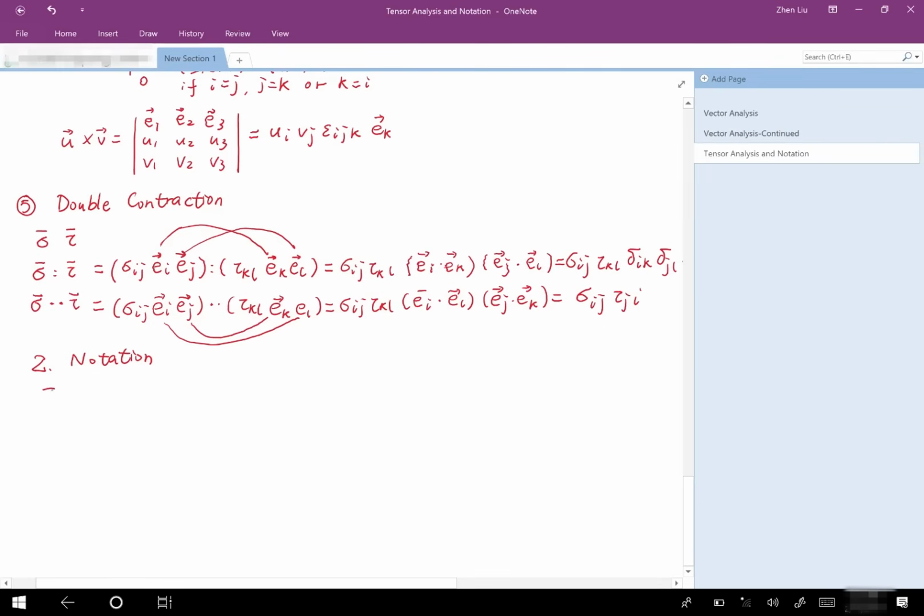So two types of notation. Tensor notation.